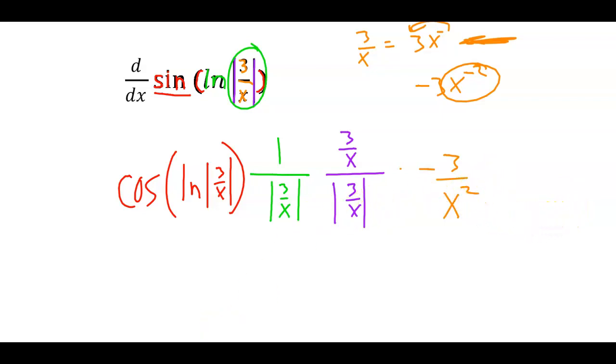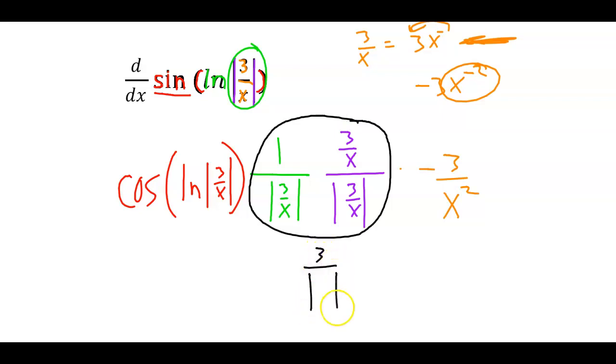So first of all, we can put these two fractions here together. And by doing that, we get 3 over the absolute value of 3 over x squared. Now, oops, I forgot this is 3 over x.